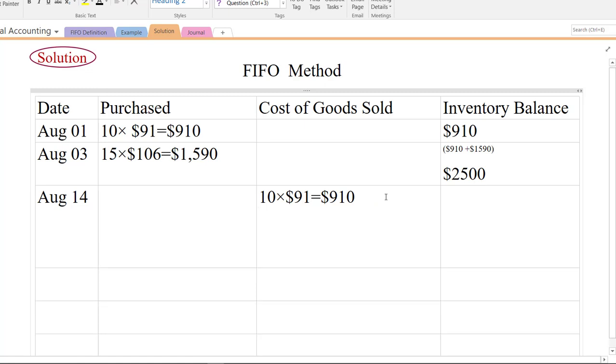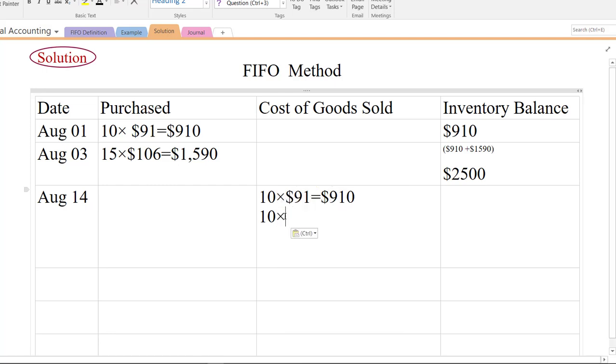So students, but still it's not completed. Why? Because on August 14 the total sales is 20 units, but we have taken only 10 units from the first purchase, from the first date. So we have to take the remaining 10 units from the second date as well. So now I will write that 10 more units are sold.